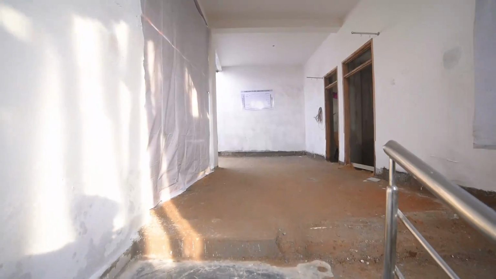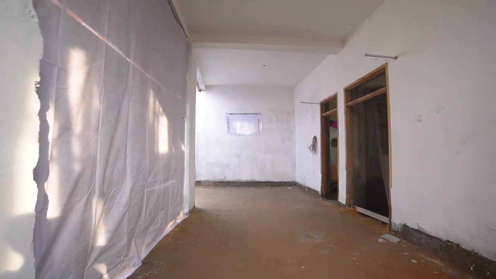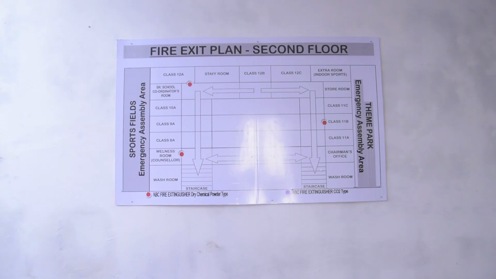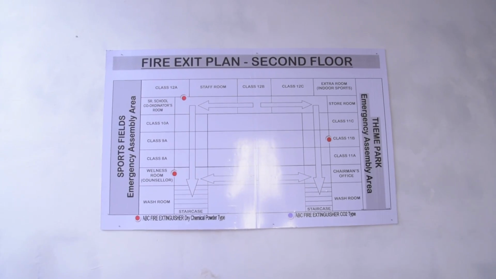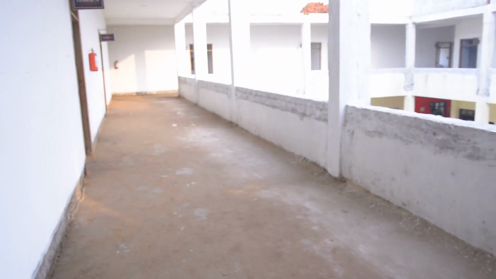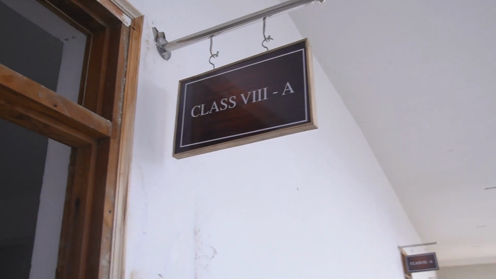On the second floor, we have 10 classes and one staff room. Now this is the fire exit plan for the second floor. And here we have our very first class, class 8A.